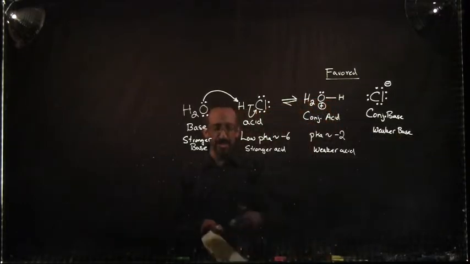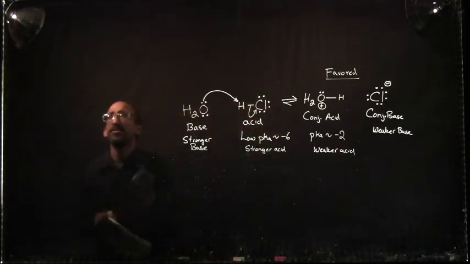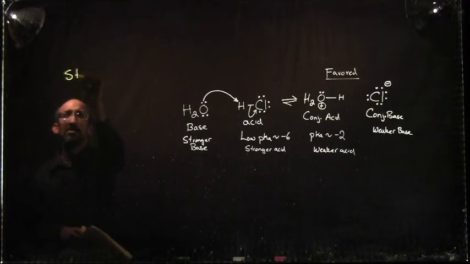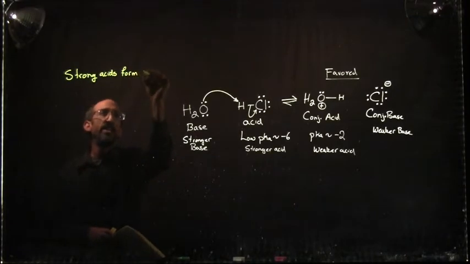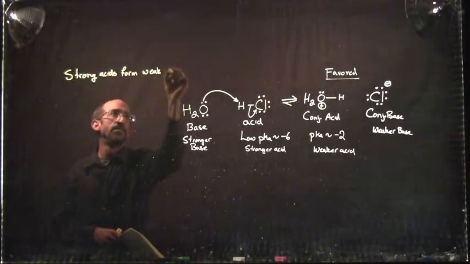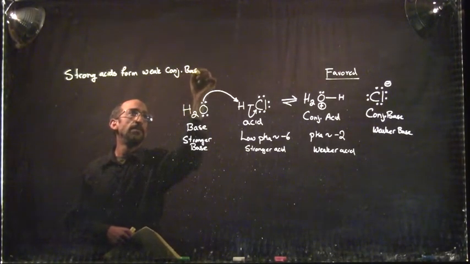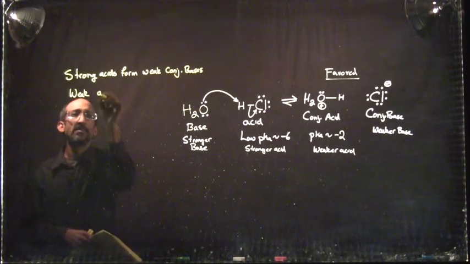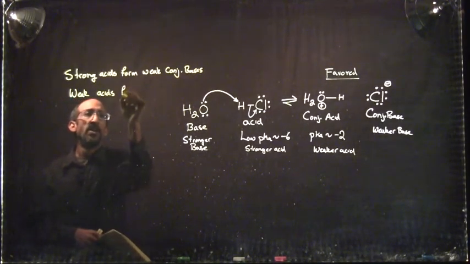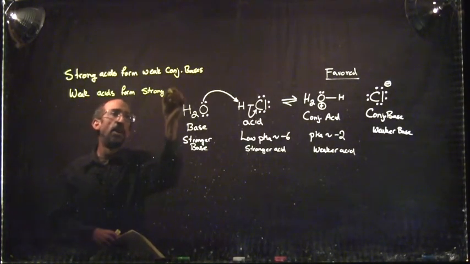Another way for us to say this is that strong acids form weak conjugate bases and weak acids form strong conjugate bases.